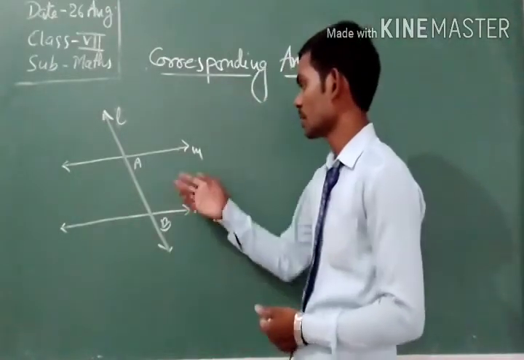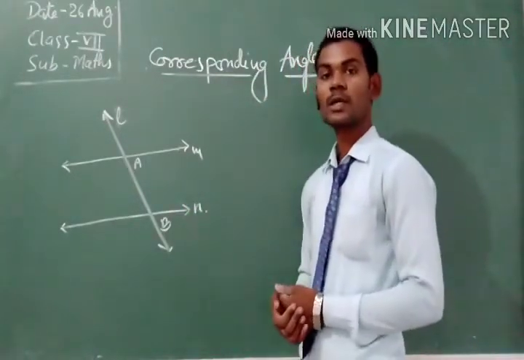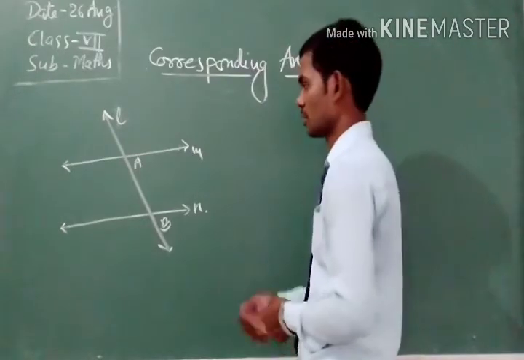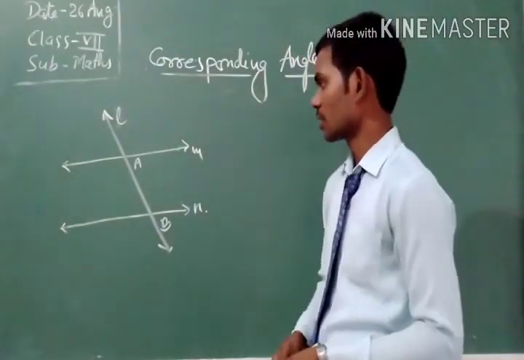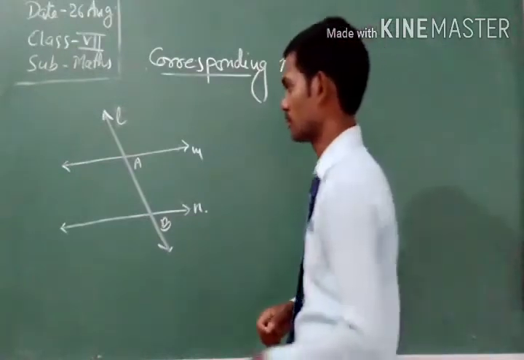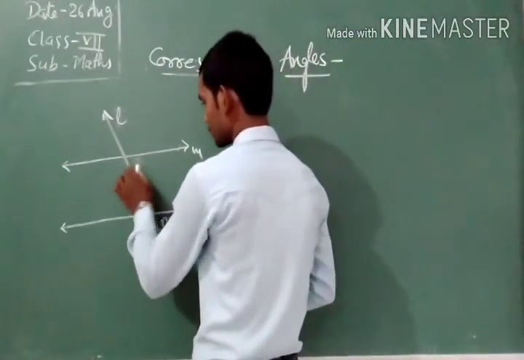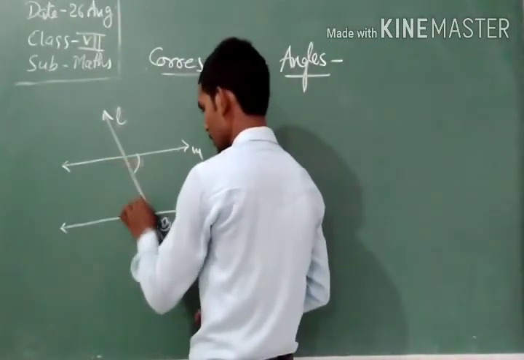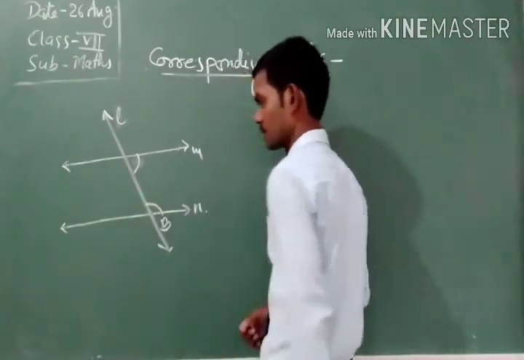So in this figure we can define the corresponding angle. In this figure we can see that two angles are formed: first this and second one is this.